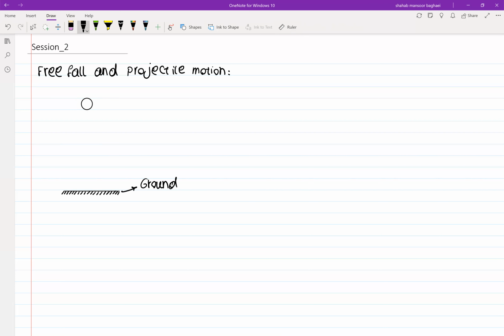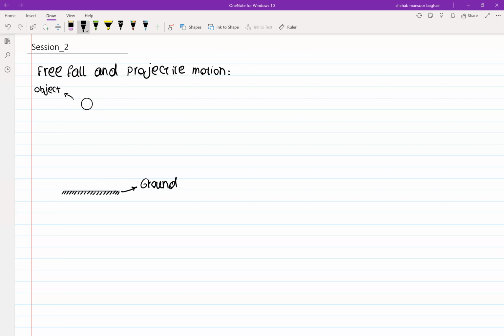This is your object here. From this height, for example, I want to release it. If you release this object, it will fall.